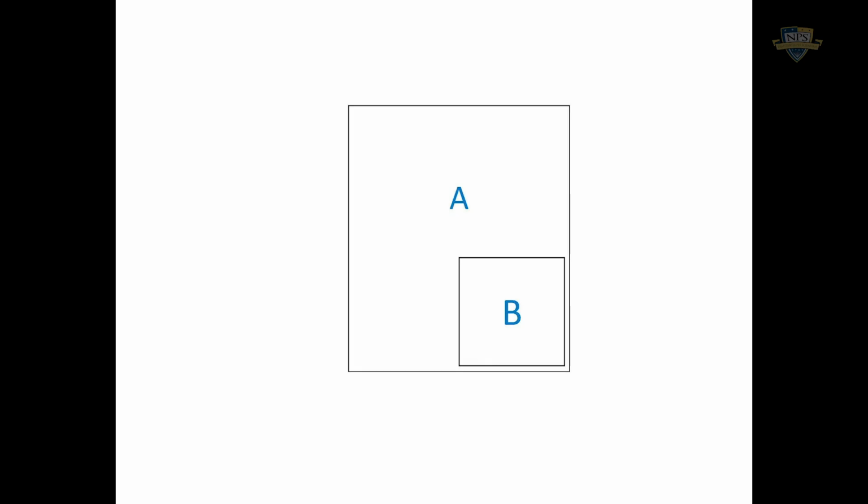Sometimes it helps to have a little diagram. Here's a little diagram of two machines represented as black boxes. A is a more powerful machine because it includes B, and B is less powerful. It can do some of the things A can do, but not everything. So that's all we mean by learning power. Learning means the machine is going to learn to do something new that it didn't know how to do before.